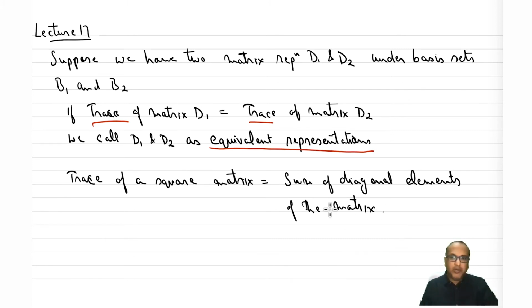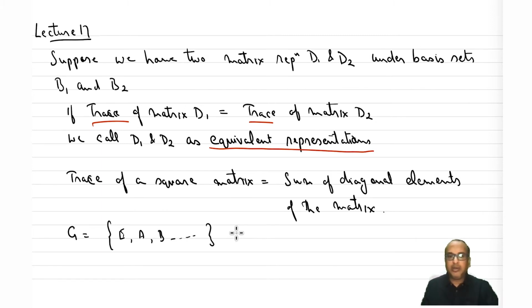Alright, so now let us say that we take a similarity transformation. So let's consider a group first, G, where group elements are E, A, B and so on.